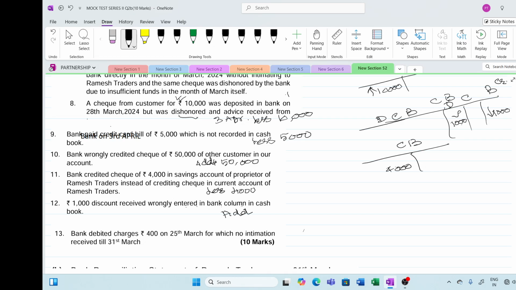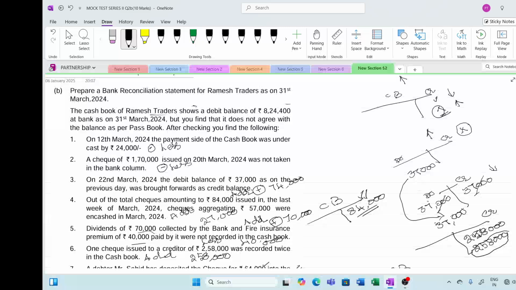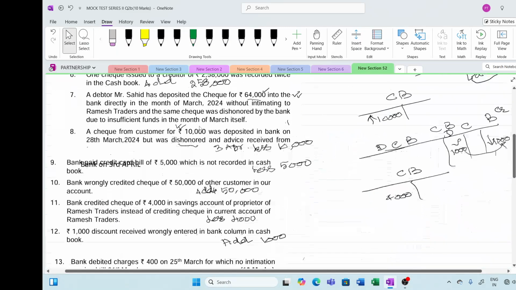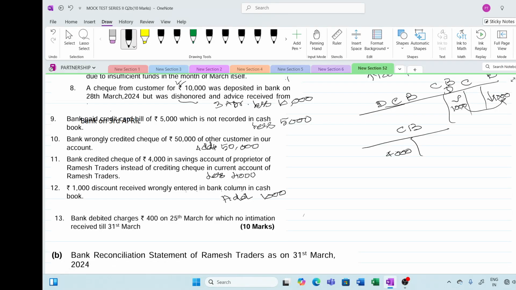We should write it here. So the discount column is totaled separately. So add 1,000 rupees. Because we have written it in this column, it is looking like a payment. It is actually not a payment. It is a discount received. So now moving on to the last item, bank charges debited by the bank.